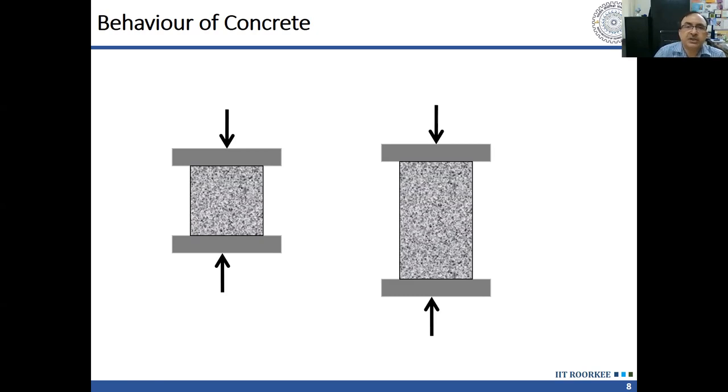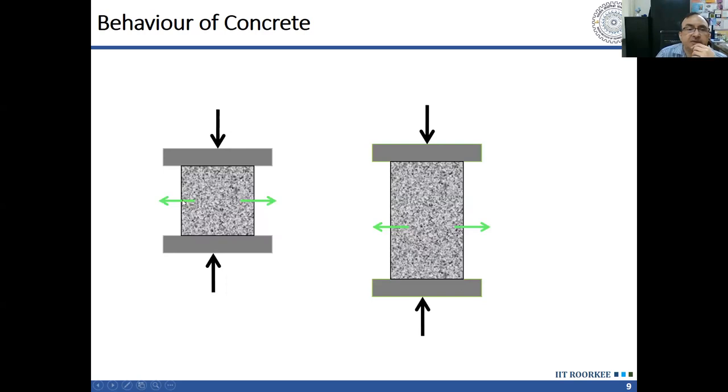So what happens when this concrete is subjected to compressive stress in the vertical direction, as I have shown here? Due to Poisson's effect, it is subjected to tensile strain in the transverse direction. It is a simple phenomenon. If you press any object, it will try to conserve its volume, and when it is compressing in the vertical direction, in the horizontal direction it will try to expand. And when it is trying to expand, it is in contact with the machine plates, the compression machine plates at top and bottom.